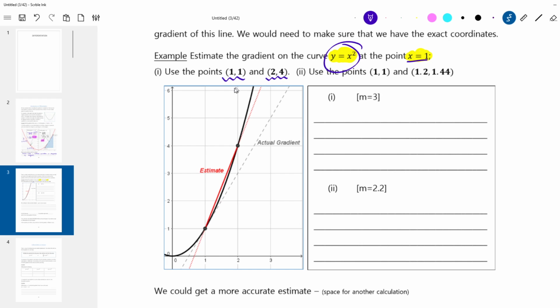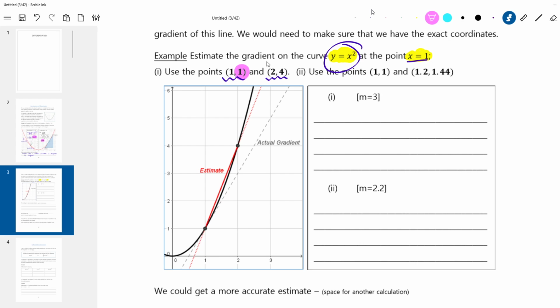Now you can see already that this red line represents the gradient between those points (1, 1) and (2, 4). And when you compare it to the actual gradient at x is 1, you can see already there's a discrepancy. So it's not going to be ideal either. But we'll still work out the gradient.